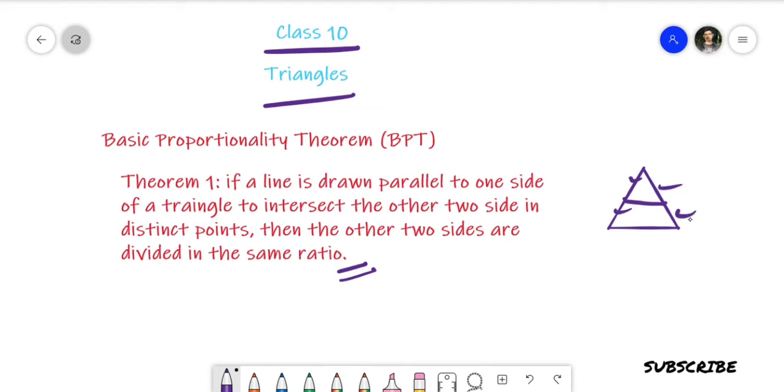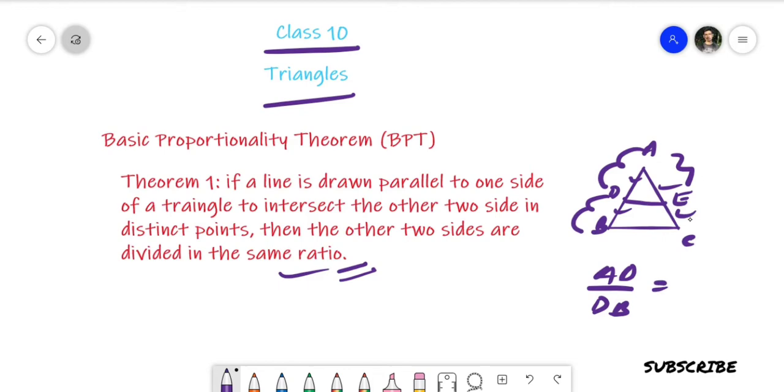For example, A, B, C, D, and this is A. We have to remember this theorem, that whenever a parallel is drawn to one side, then these two things will be equal. AD and DB, I'm just writing this part, AD and DB, and now this part is equal to AE by EC. So these two things are equal. We have to prove this one.